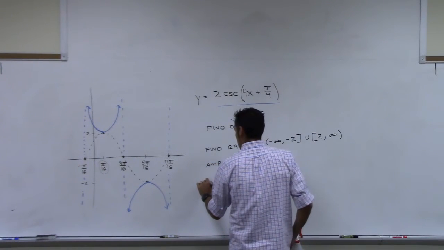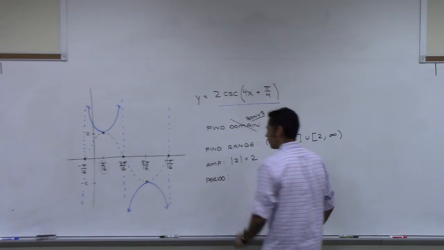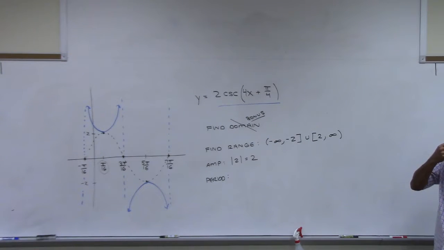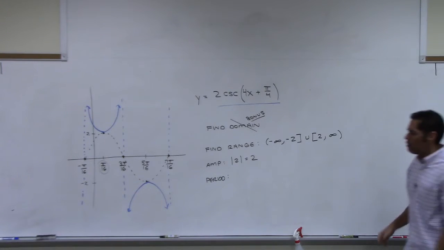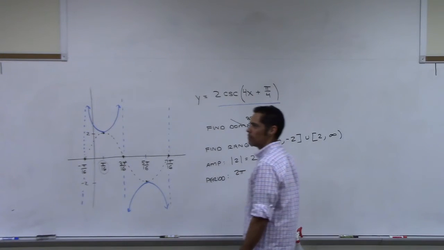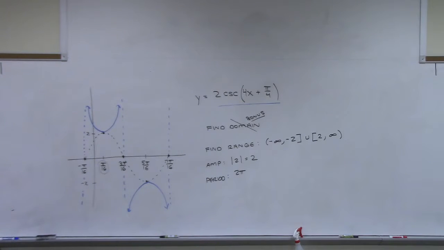What next? Period. How do you get period? What was the formula for period? 2 pi over the W. You're thinking phase shift.